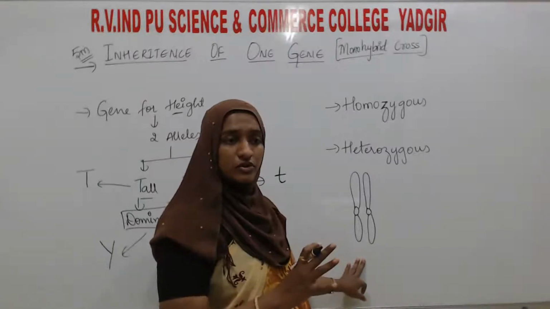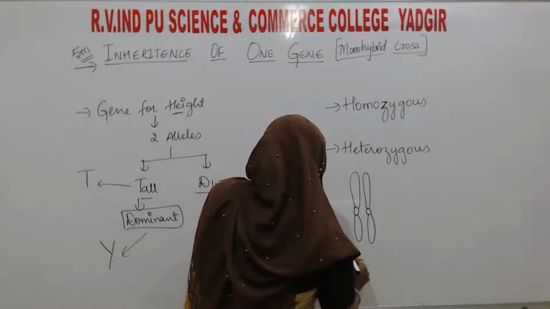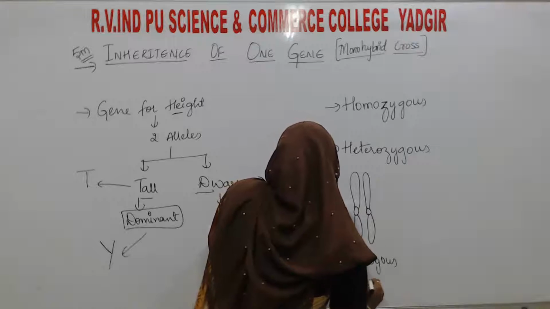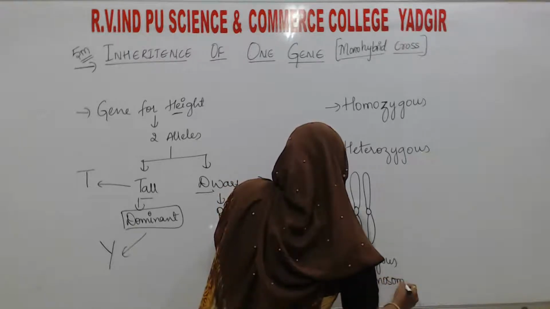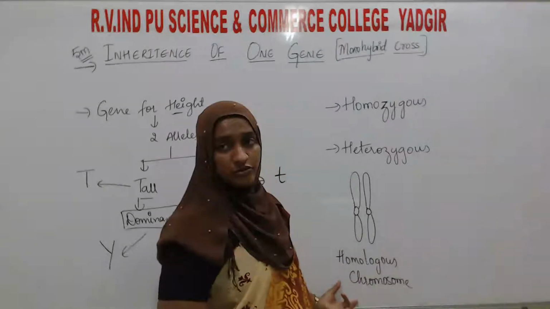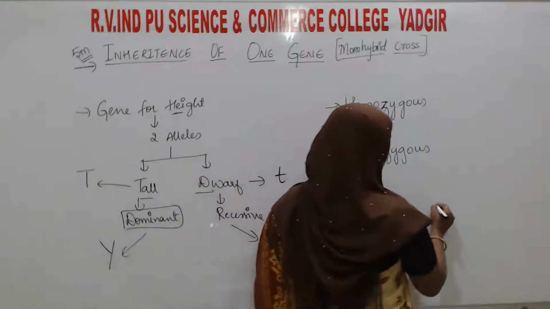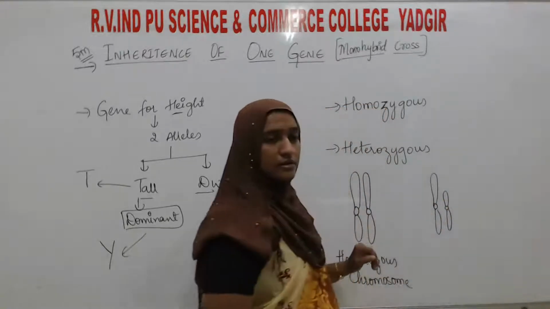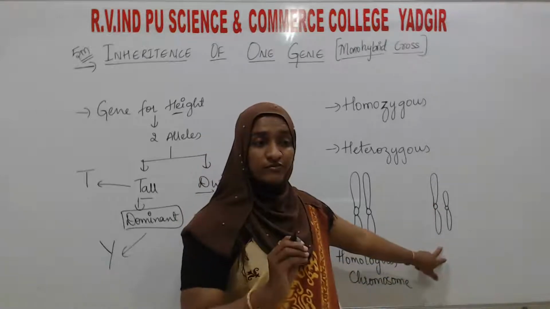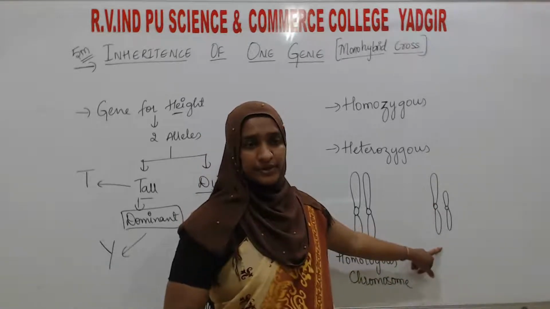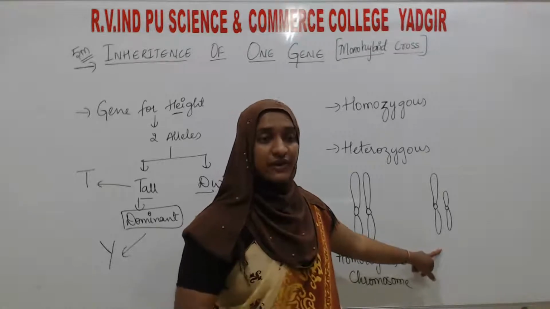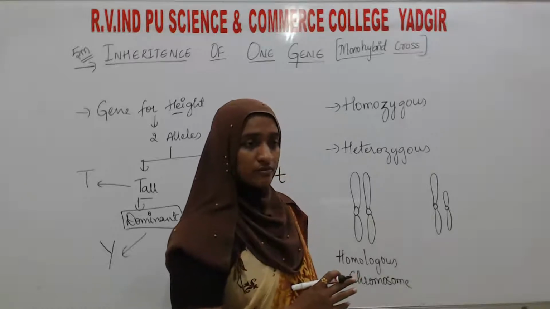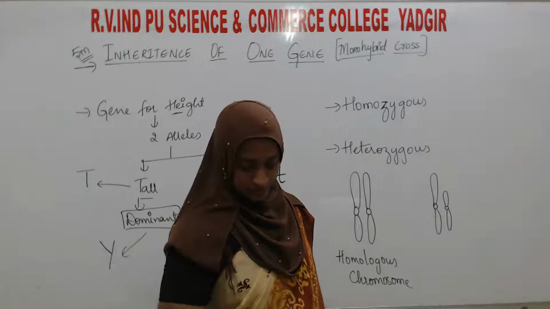Such a pair of chromosomes we call homologous chromosomes. If this is another pair of chromosomes where the two chromosomes are of different size and shape, their structure is different, but they are present in a pair.